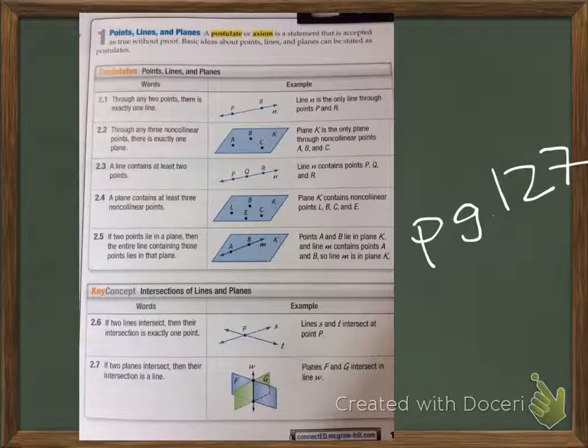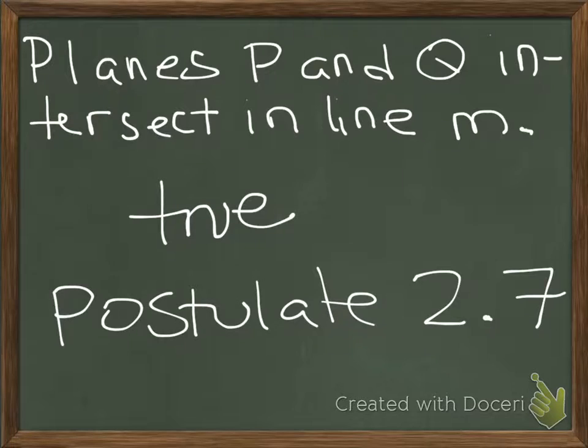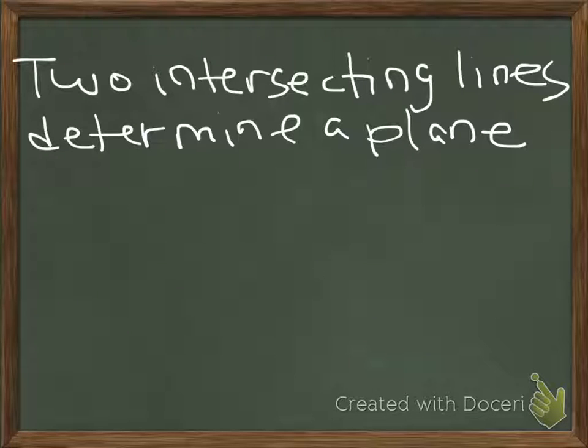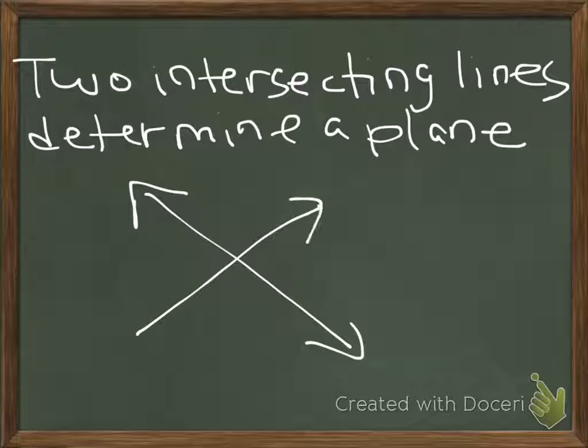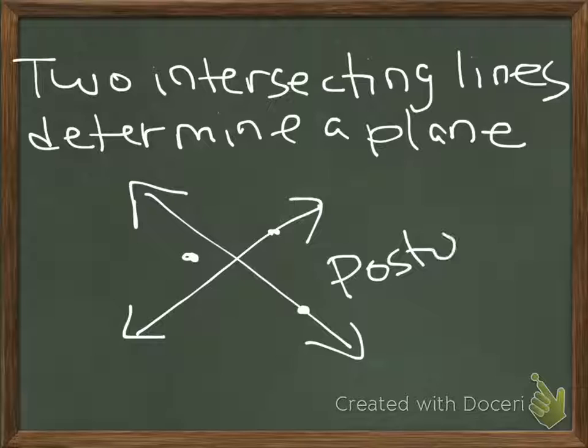But if we draw a line and then another line that intersects, we could put a point here and a point here and a point here, and we would still have a plane because you have 3 non-collinear points. So that would be postulate 2.2.